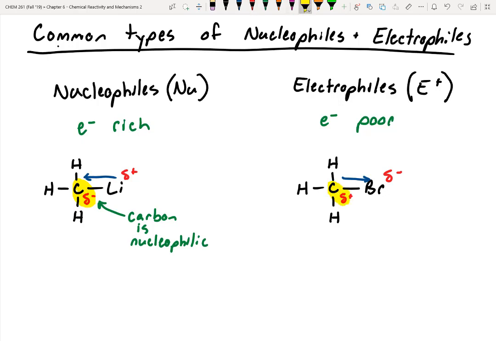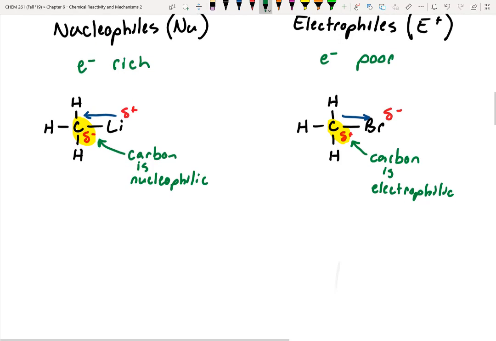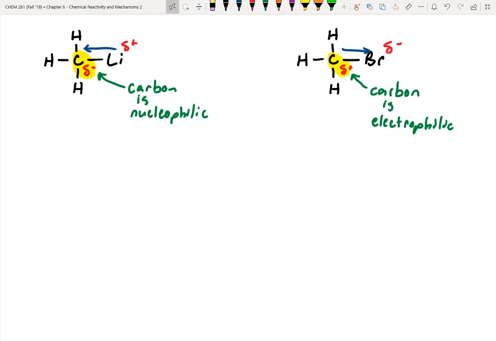So in this one, carbon is electrophilic. It's electron poor. Does that make sense? It's really important that we understand the polarity of these molecules, because the direction of the polarity can impact whether carbon is behaving as a nucleophile or an electrophile.